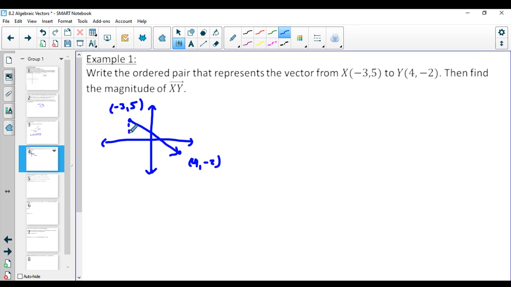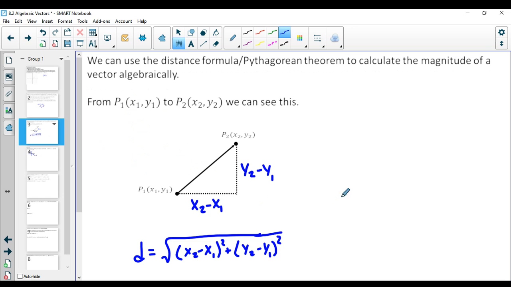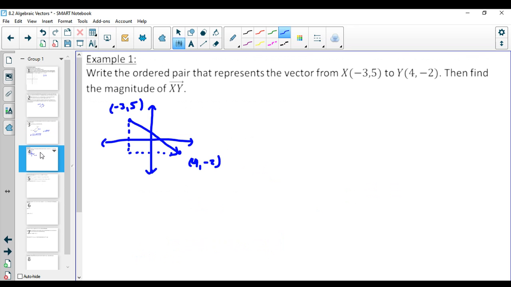I think it's much easier just to think, okay, let me make a right triangle. The change in x, right? Or you can even put this distance formula as the square root of the change in x squared plus the change in y squared. That might be an easier way to think about it. But I'm thinking just do the Pythagorean theorem.